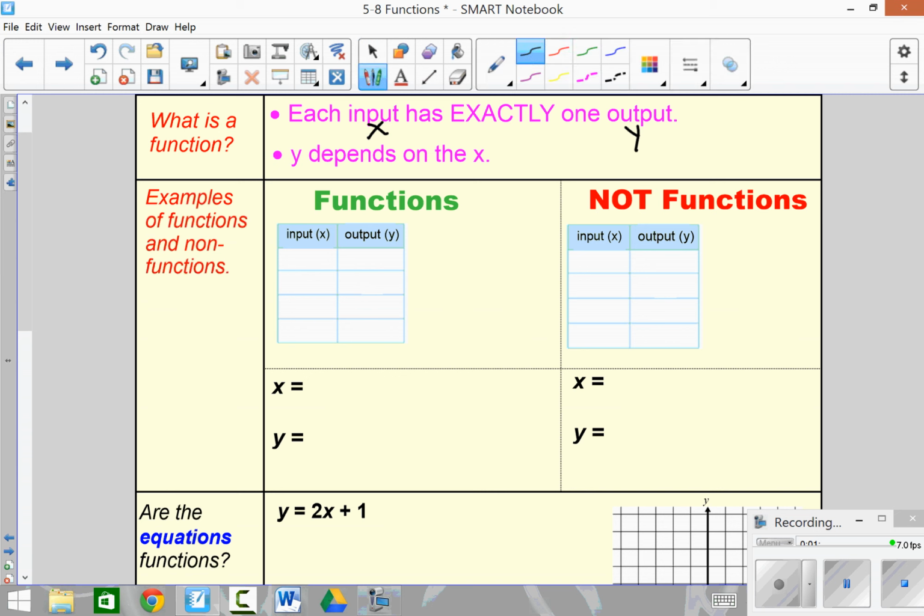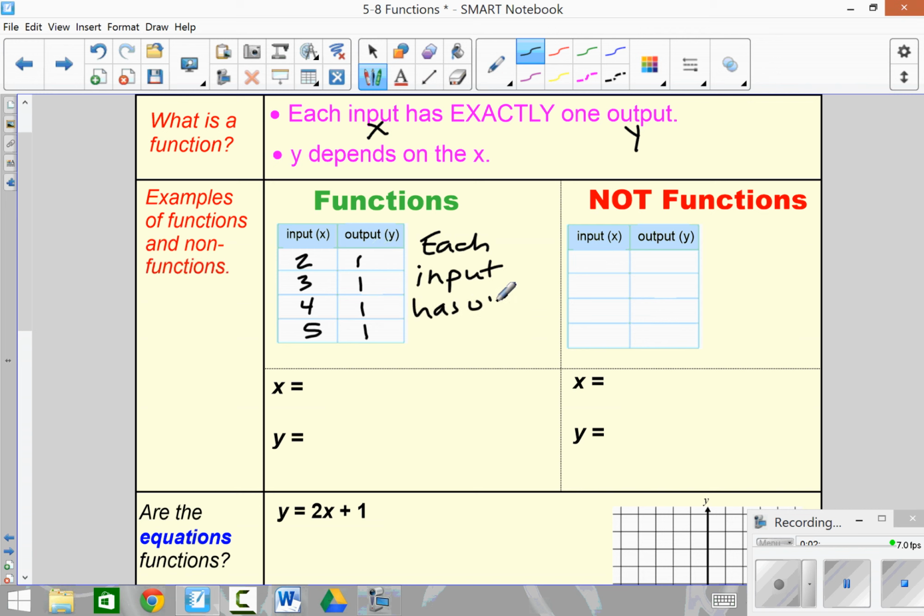Okay, let's take a look. So remember, for a function in a table, I can come up with any inputs. I'm going to come up with 2, 3, 4, and 5, and let's say all my outputs were 1s. This is a function because each of these inputs is different and they each have one output.